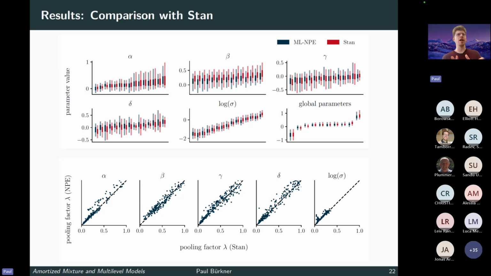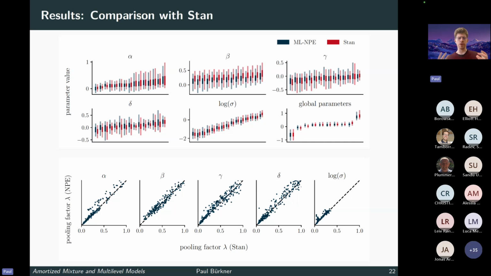And as we do see, our MLNPE, that is the amortized multi-level model, essentially produces the same marginal posteriors as Stan does, with a little bit of variation. And also in terms of how much shrinkage we are inducing in the local parameters through our multi-level structure, we see that this very well aligns with Stan.